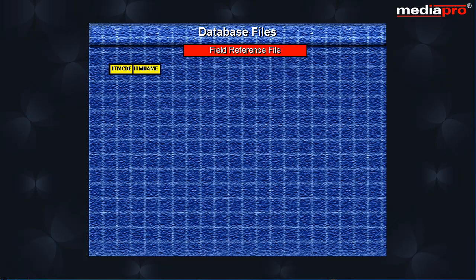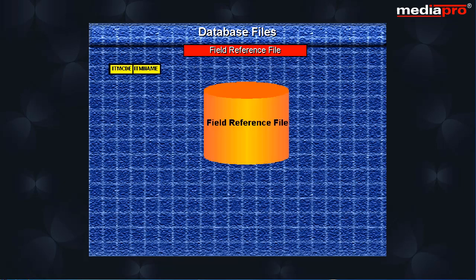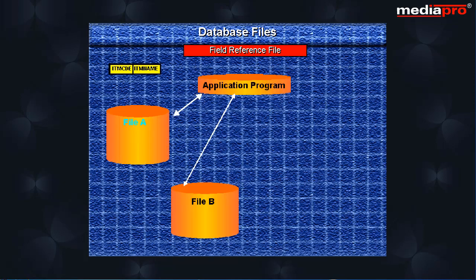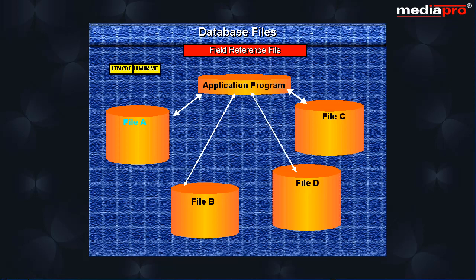Next, we look at a special kind of physical file, the field reference file. This is a very useful tool for application development. Let us see how it works. Most database applications involve more than one database file. Many of the fields used by the application will appear in more than one file.